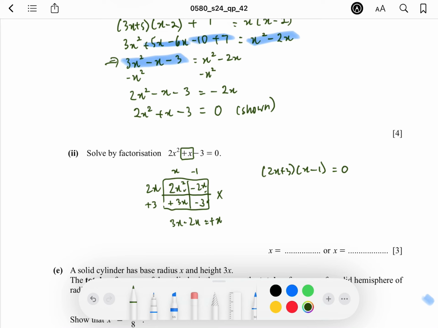That means either you divide both sides by x minus 1, so you get 2x plus 3 equals to 0. Minus 3 both sides, divide by 2 both sides. Or you divide both sides by 2x plus 3 and you get x minus 1 equal to 0, plus 1 both sides, you get 1.